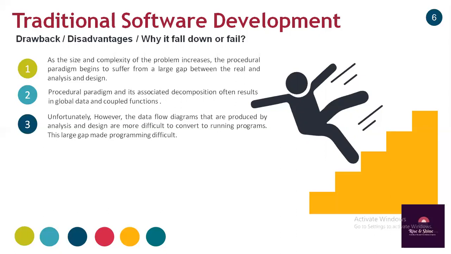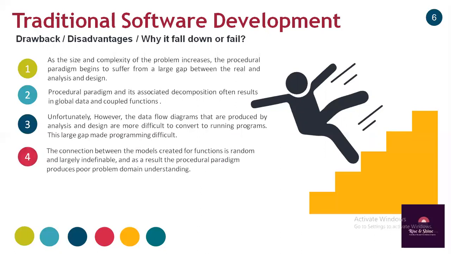Converting a flow diagram into programming is very difficult because nowadays programming is in a different world. That is, it is object-oriented in nature, and these DFDs are procedural-oriented. So there is a huge gap, and it is very difficult for the programmer to convert the business model into an actual running system.